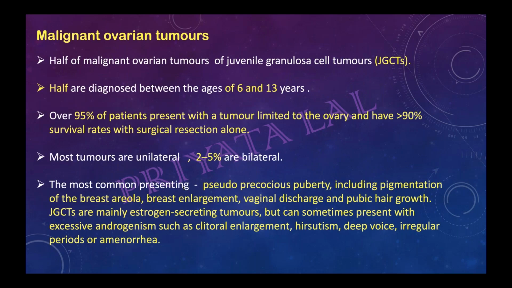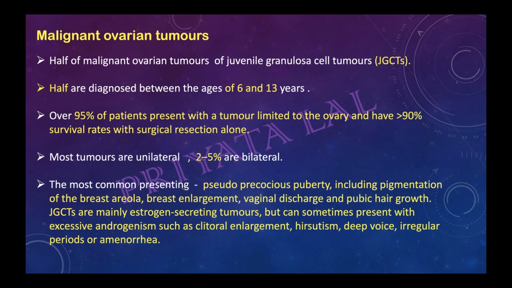Now, what could be the malignant ovarian tumors in young adolescent people? What first thought comes, from what we read in our table? The most common is juvenile granulosa cell tumor.